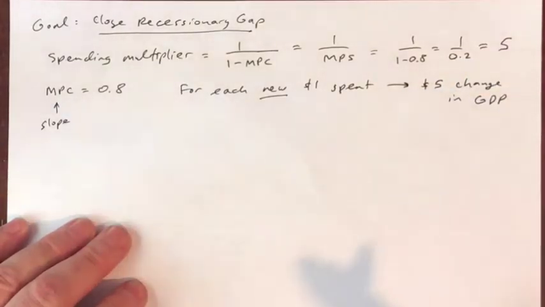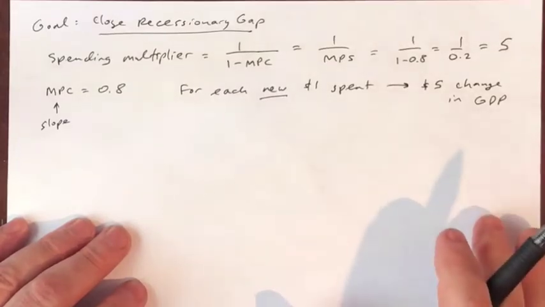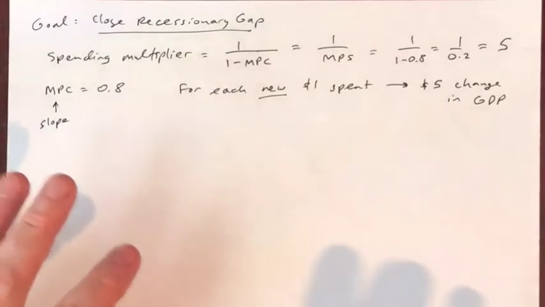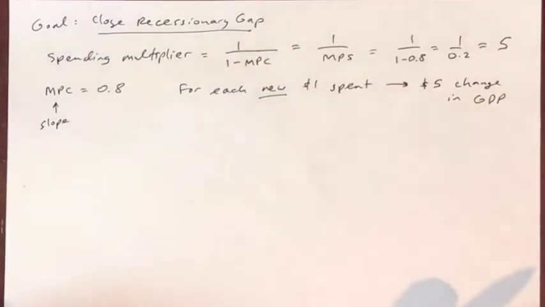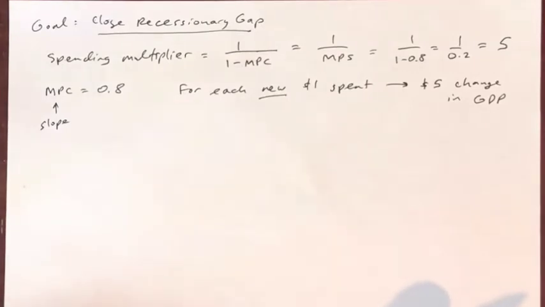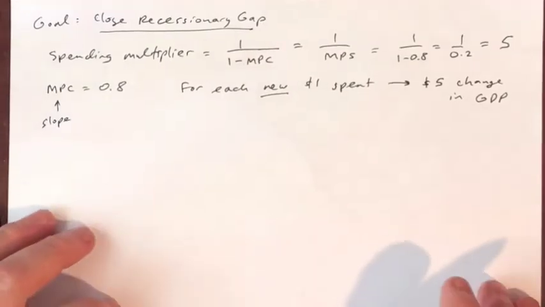Once it works its way through the economy, that spending becomes income to somebody else, which is then spent. It becomes income that's spent, etc. That goes on potentially forever. So whatever the new change in spending is, it's going to get multiplied through the economy.